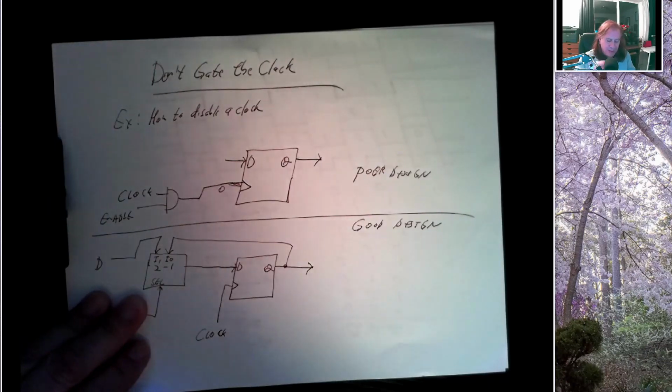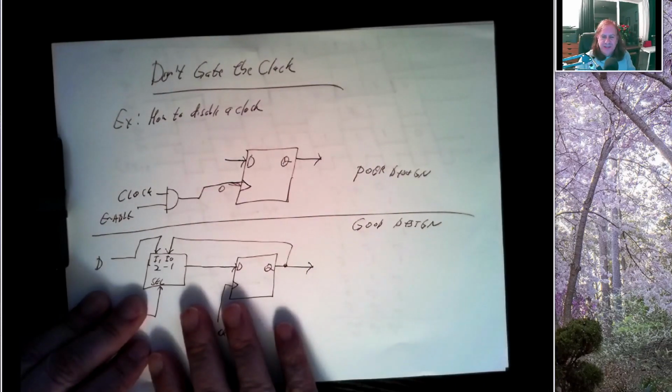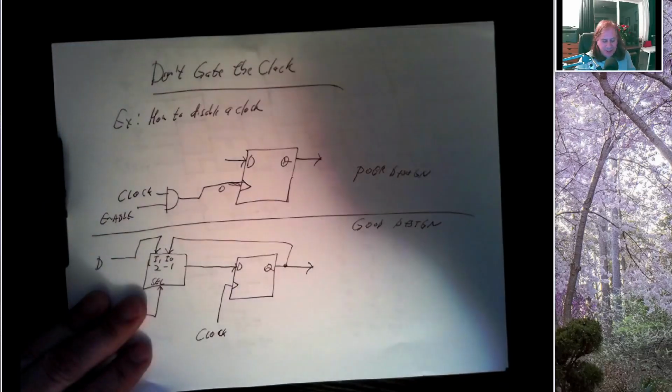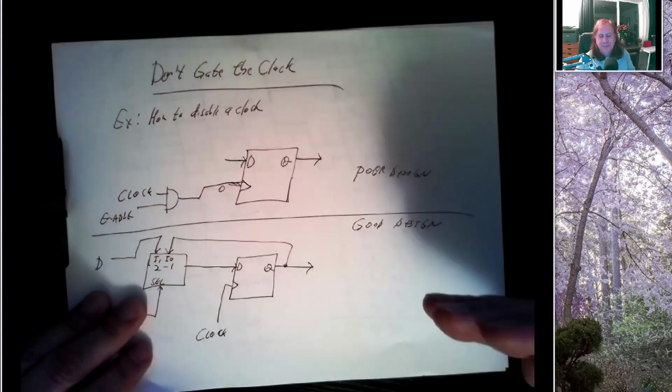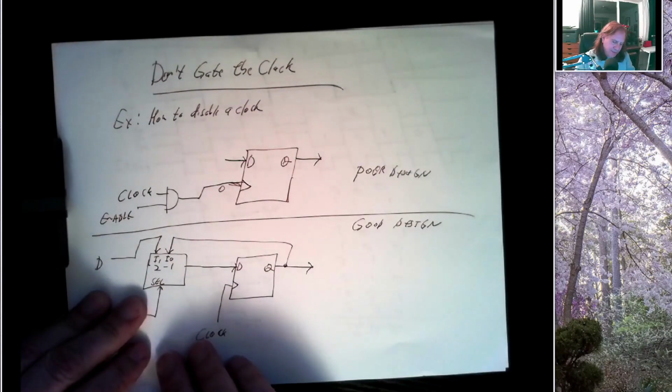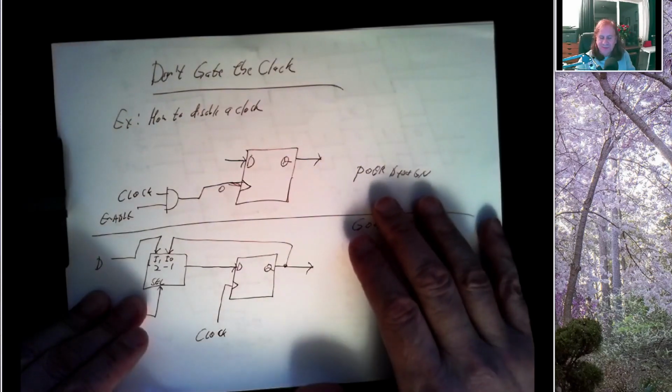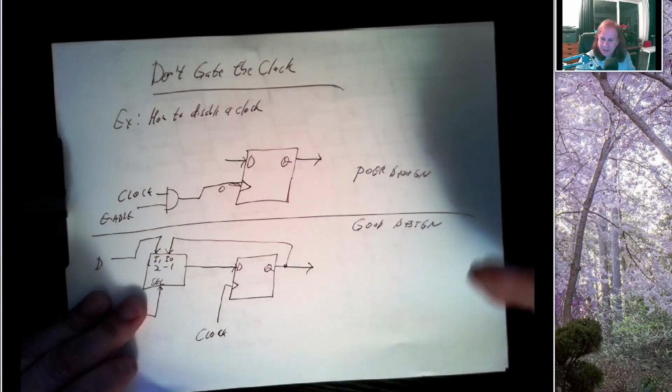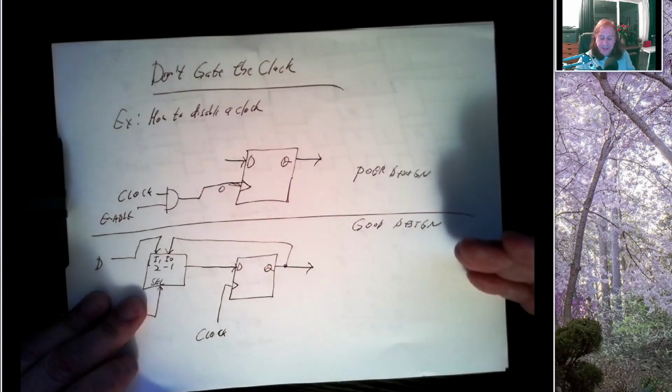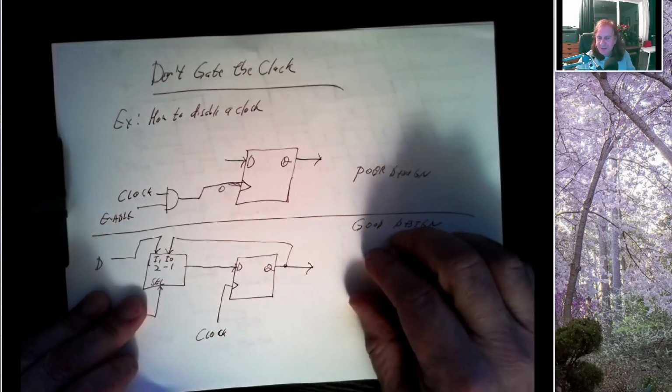But it's phenomenally difficult to design without that clock. And most of the work that we do, most of the tools that we have are built around the idea of synchronous design. So asynchronous is, you know, a whole other frontier. People explore it, people work in it, people have built systems that run asynchronously, but it's a very different kind of landscape.